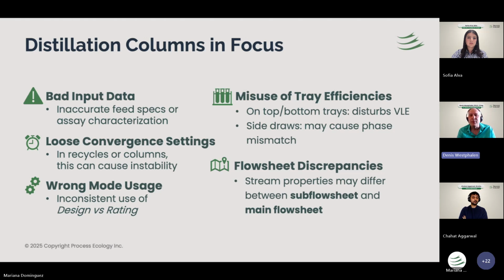We see that sometimes when you start playing with the Murphree tray efficiencies, in the typical UniSim, HYSYS, Petrosim architecture, when a stream is solved inside the column sub-flowsheet and exported to the main flow sheet, there might be some discrepancies in how that flash is calculated, and those discrepancies become more relevant if you're using a fractional efficiency for that draw tray. So just be careful with that.